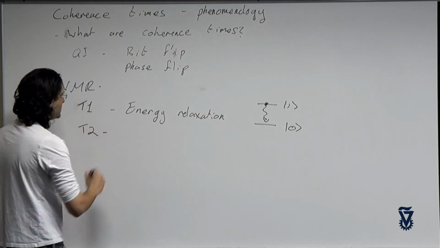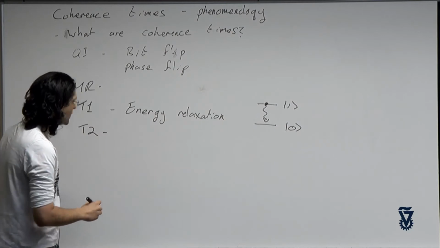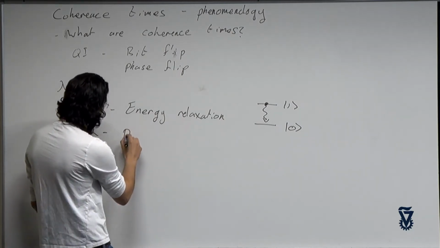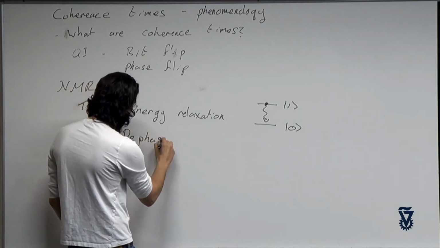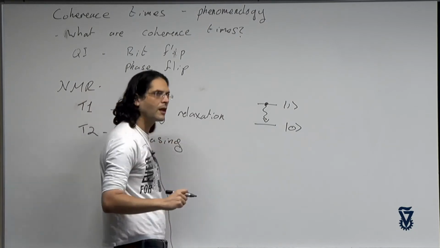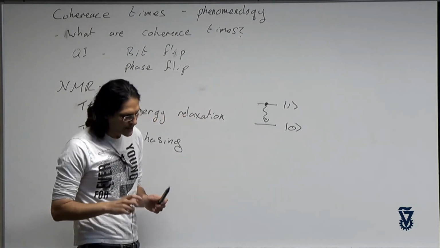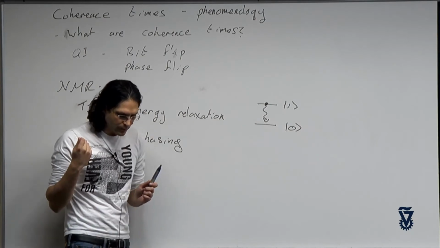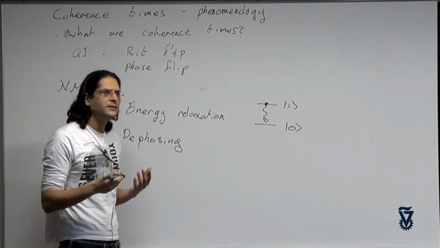The second process that you have is what is called dephasing. This is the process where you're basically losing the phase of your qubit.